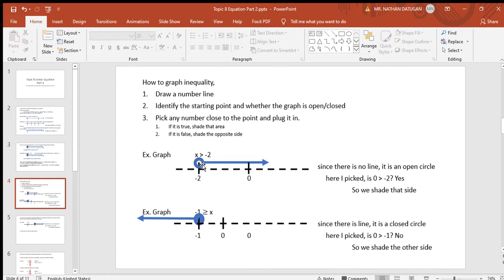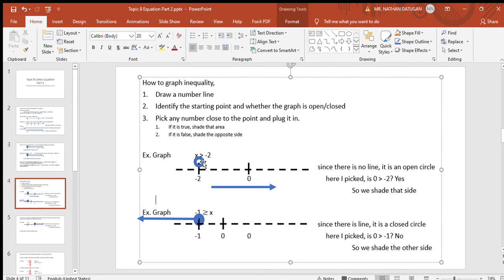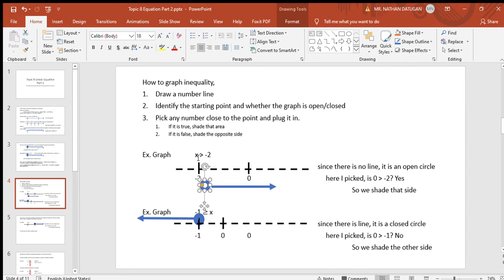Here's how you do it. First, you draw the number line. Then you figure out if the circle is open or closed. Since it's greater than, there's no line underneath, so it's going to be an open circle. Now you choose a number close to negative 2 and plug it into x.